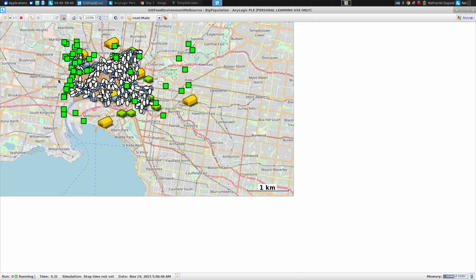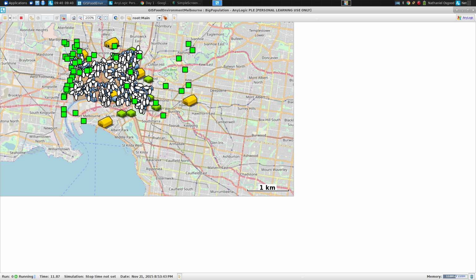So, ladies and gentlemen, what we see here is a model running over time, and over time, you'll notice people moving around. There are particular homes, which are shown here in blue. There are convenience stores, which are shown in green, the sort of box store. And there are supermarkets, which are shown in this larger size.